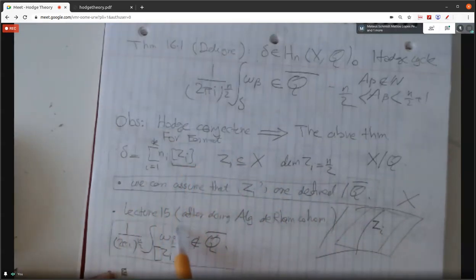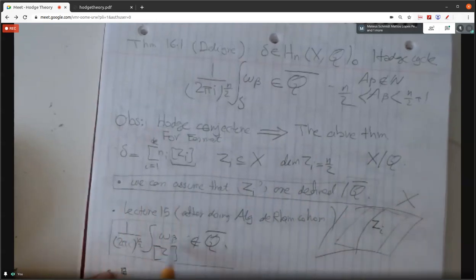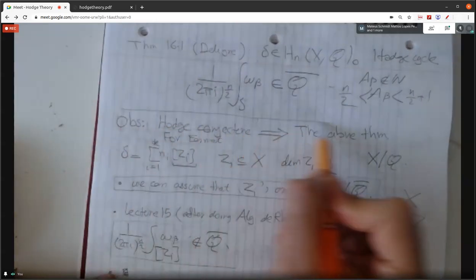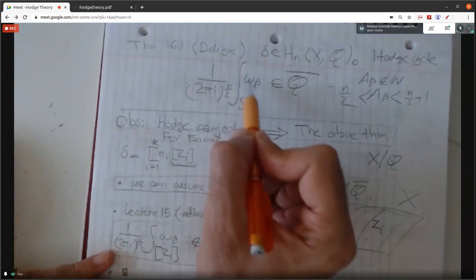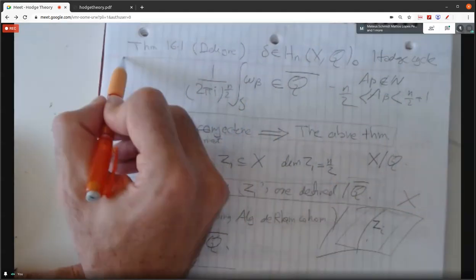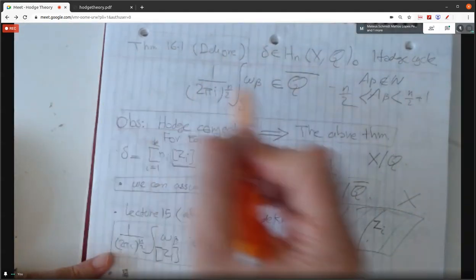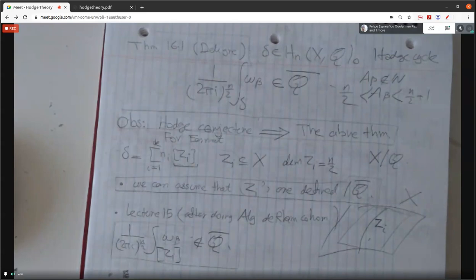And the third one, that the integration over algebraic cycles does not produce a transcendental number if the algebraic cycles are defined over Q bar. And this argument proves that the Hodge conjecture implies this one. But of course, it is desirable to prove this statement independently, and Deligne has proved this one independently of the Hodge conjecture. Today, I will try to talk about this a little bit.